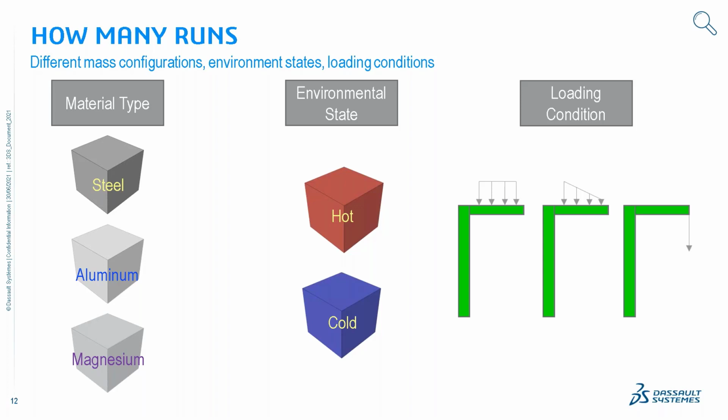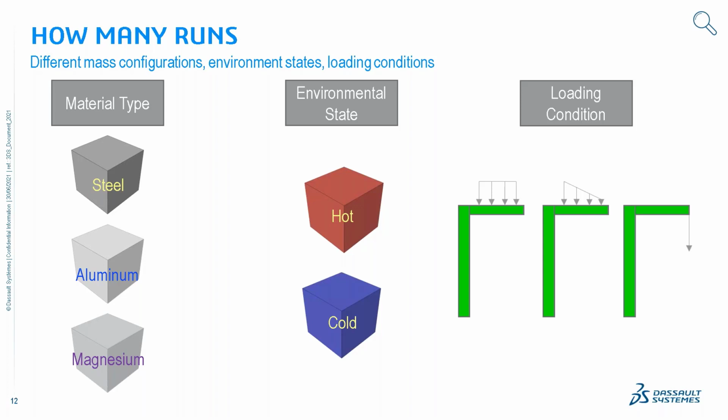But if I want to change my material types, if I want to go from steel to aluminum to magnesium, or if I want to change my environmental state, if I need to simulate something in a hot state versus a cold state, or under different loading conditions, say another distributed or point load, then I need to have multiple output databases, and any of the single databases is going to be multiplied by the number of runs that I'm going to have to do.